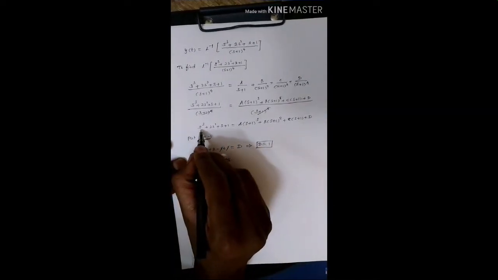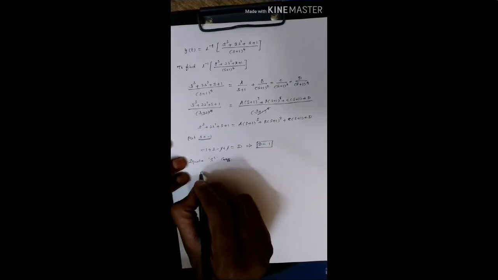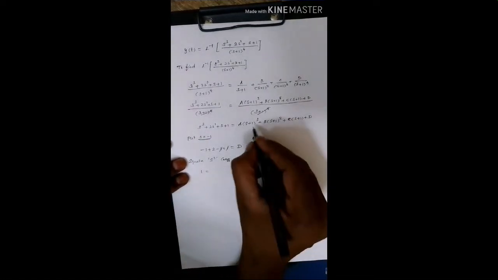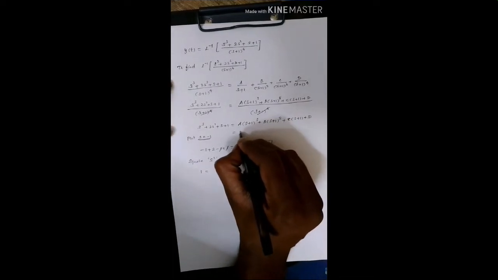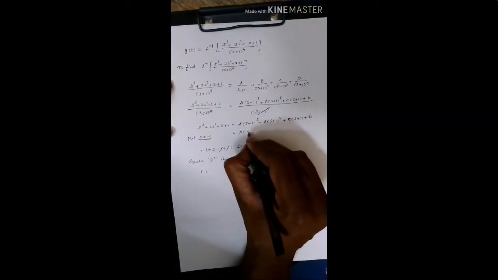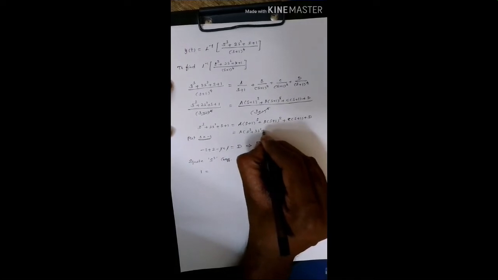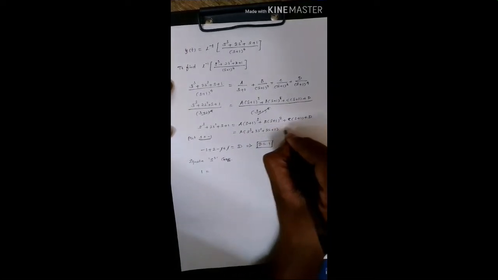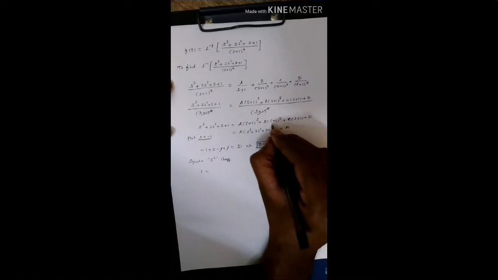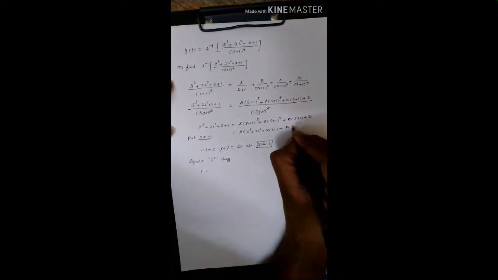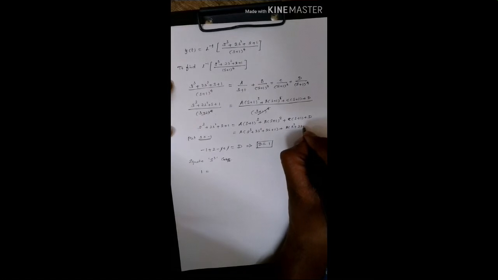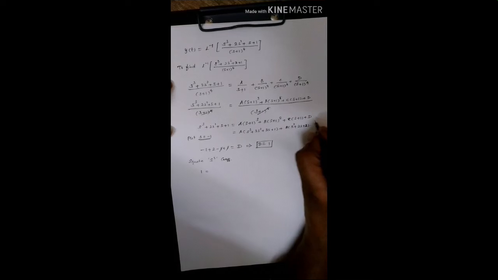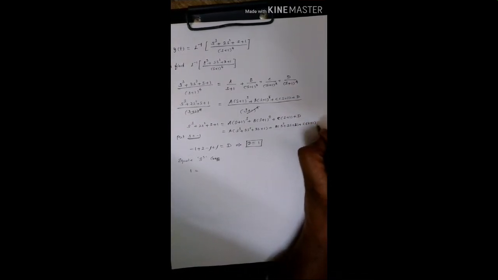The s cube term here has coefficient 1. That equals, on the right side, we expand a into the a plus b whole cube formula: s cube plus 3s square plus 3s plus 1, and b into the a plus b whole square formula: s square plus 2s plus 1, plus c into s plus 1, plus d.